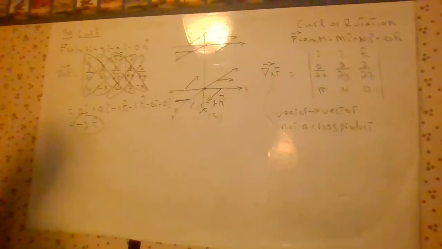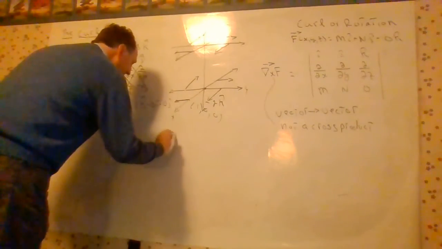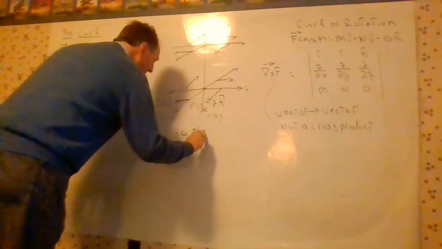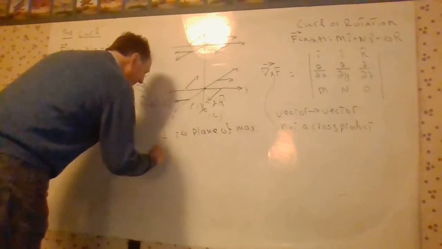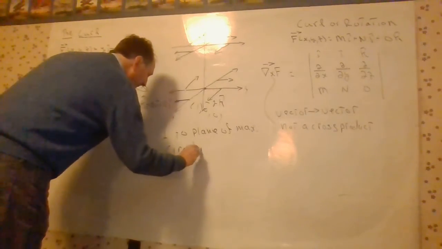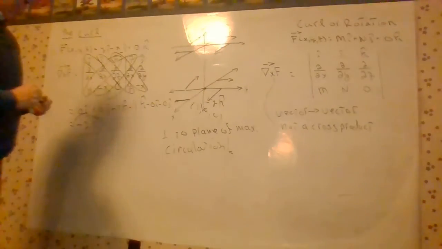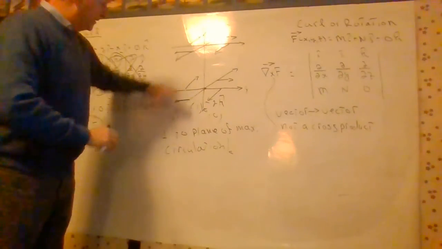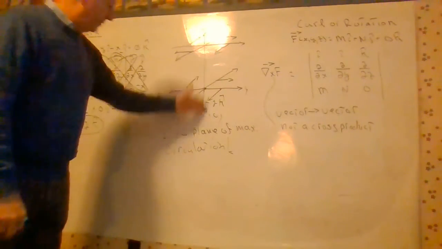It turns out one geometric property of the curl is it's perpendicular to the plane of maximum circulation. Here, of course, the circulation is in the xy plane, and the curl is perpendicular to it.